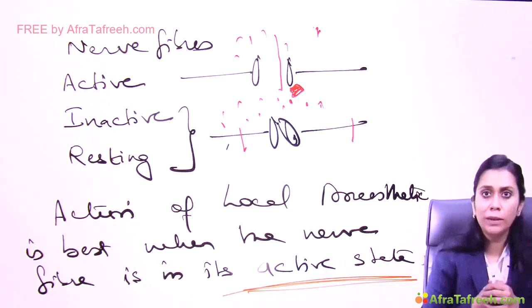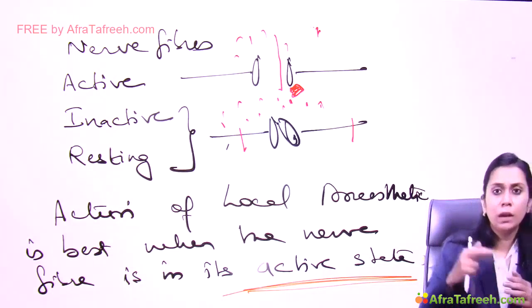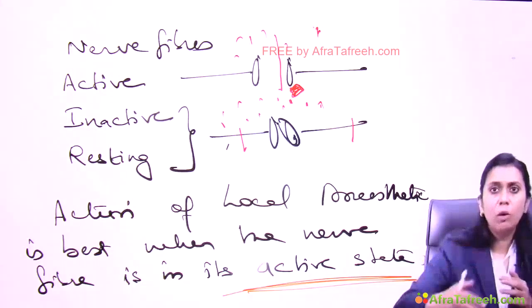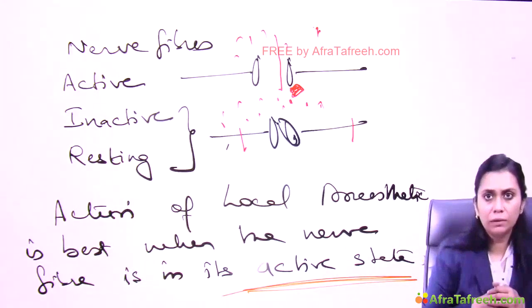Based on these 2 points, a question is asked in PGI. Action of local anesthetic: voltage gated, time gated, both voltage and time gated, none of the above. Answer is always both voltage and time gated. It depends upon the voltage, and it is also dependent upon the time when you have put the drug, right?